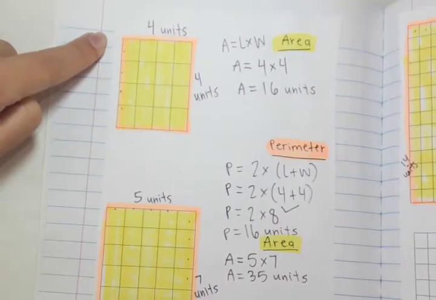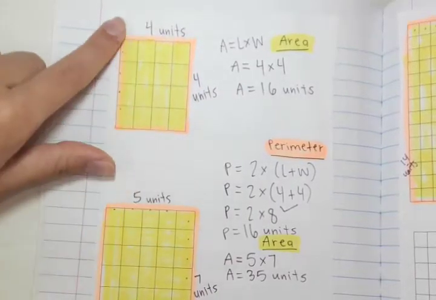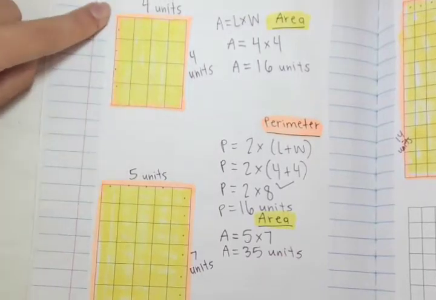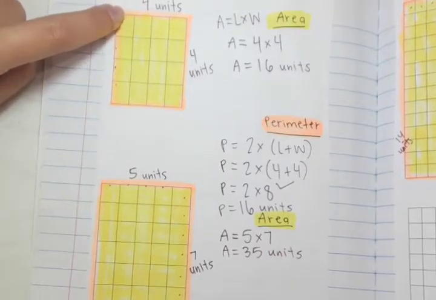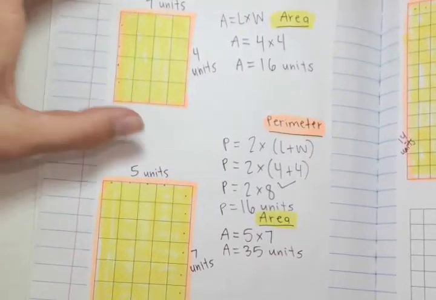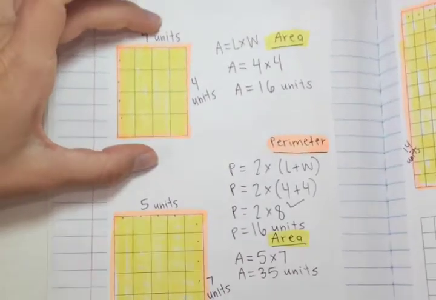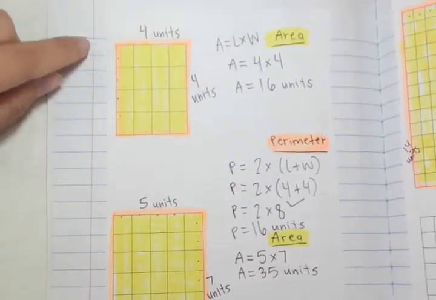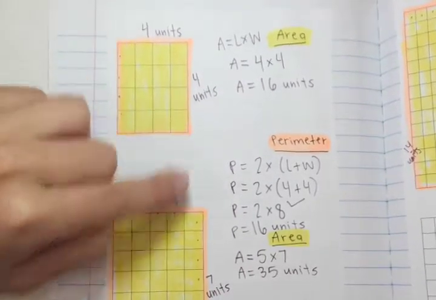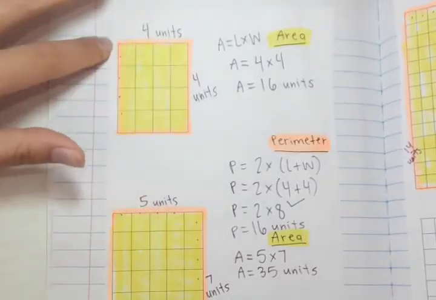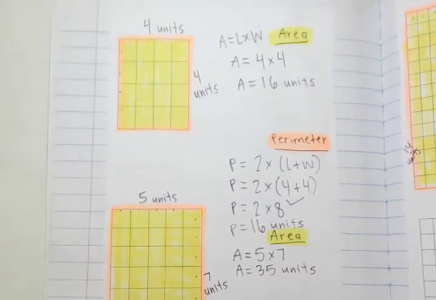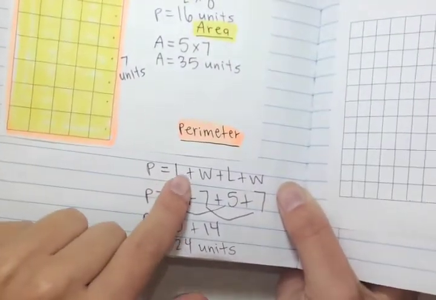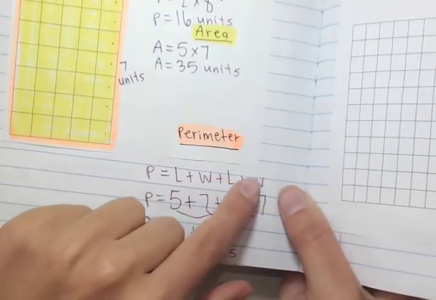So if we were finding the perimeter for this figure, we would say length plus width plus length plus width. Those are these 2 sides and these 2 sides, okay? So 4 plus 4 plus 4 plus 4, okay? So our perimeter would be 16 units. So that would be using this formula, length plus width plus length plus width.